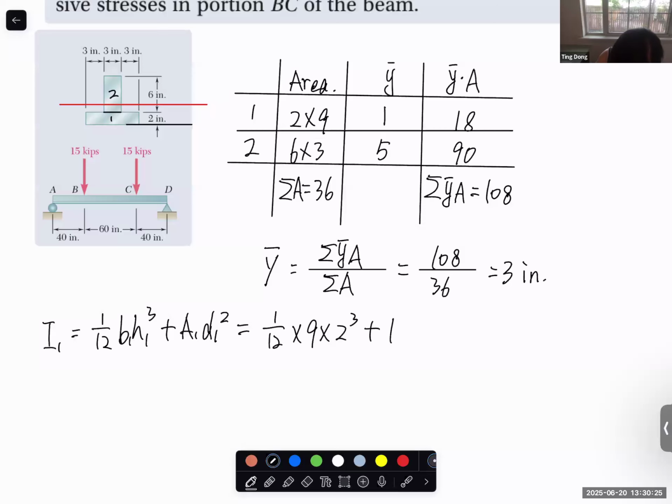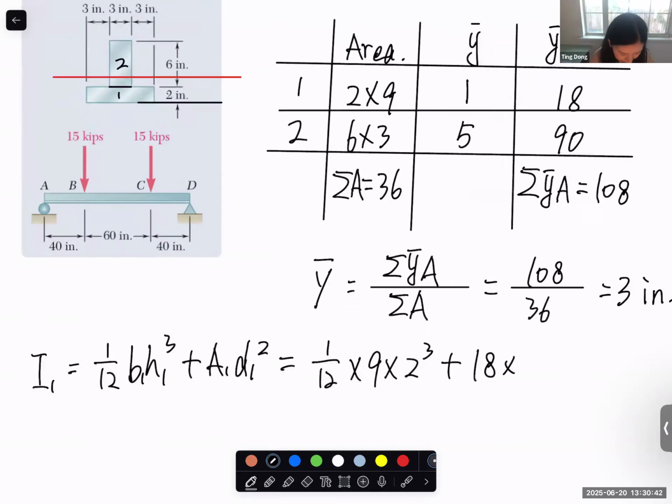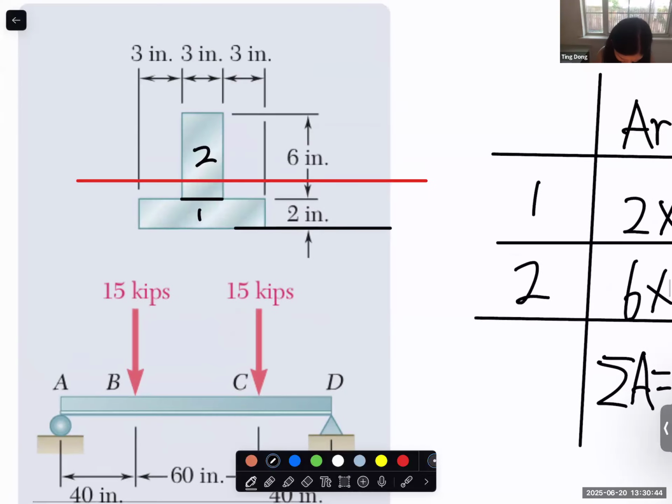A is 18. D is the distance from its own neutral surface to the neutral surface of the entire cross section. So what is the distance? The neutral surface of its own cross section for part 1 is this blue line. It passes through the center, of course, and the red line is the neutral surface of the entire cross section.